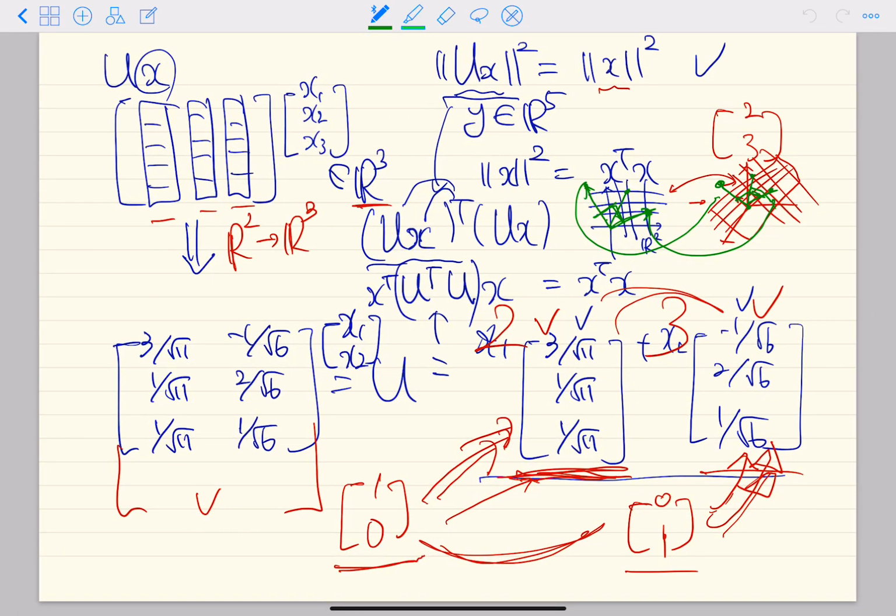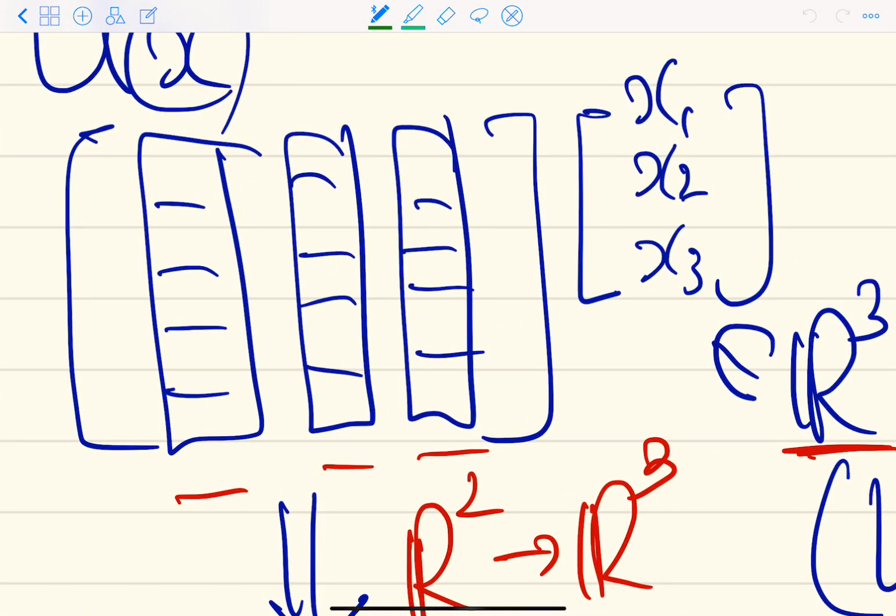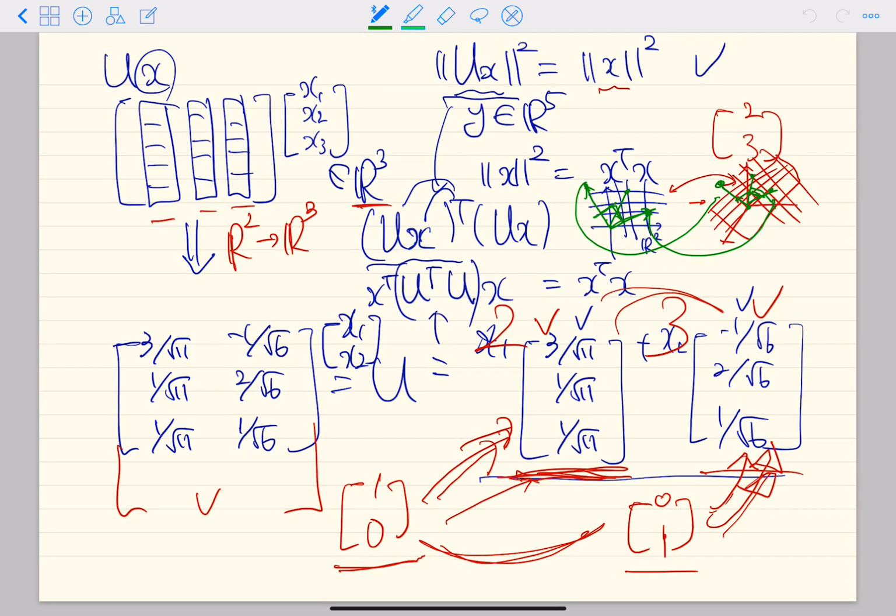Since the columns are orthonormal to each other, they are linearly independent, so the matrix shape should be something like this, but not short and fat, right? Because in that case the columns will become linearly dependent. And then we discussed their geometric interpretation.